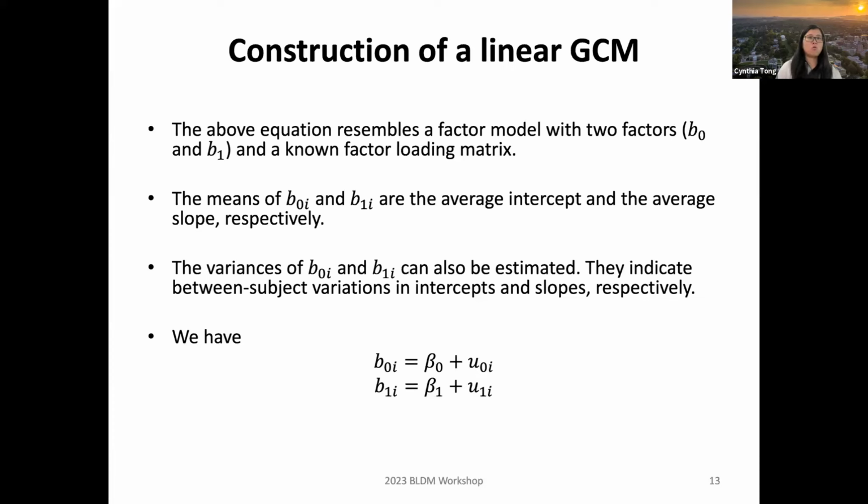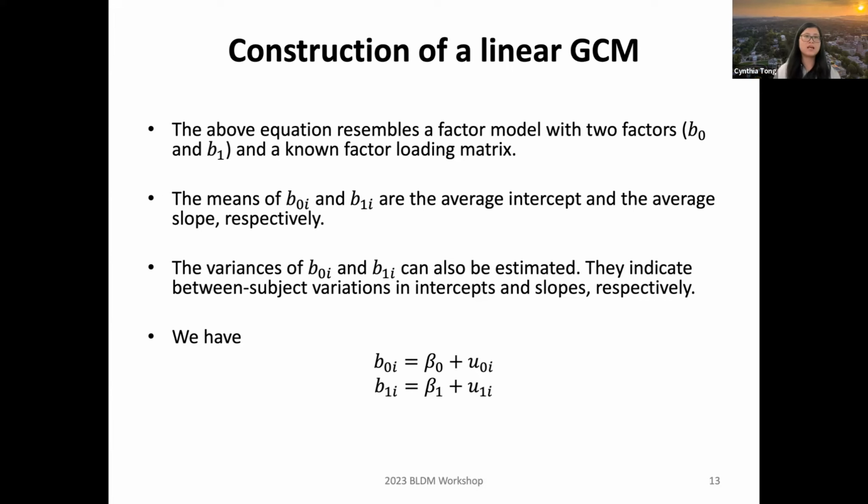The above equations resemble a factor model with two factors and a known factor loading matrix. Those two factors are the latent intercept and latent slope, and the means of the latent intercept and latent slope are the average intercept and the average slope respectively. The variances of the latent intercept and slope can also be estimated.